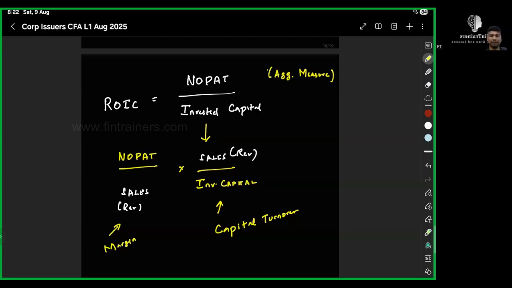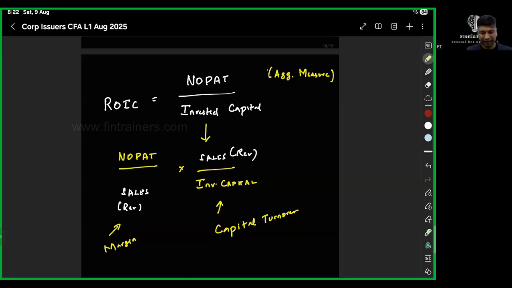Whereas I can be a trader, a car dealer. I buy the car, sell it to the customer. I can rotate the capital very quickly, but the margin I make will be lower because I'm only capturing some portion of the value. Whereas if I capture the entire value, then I will have a higher margin, but I will not be able to rotate it as fast. I will have to block my capital for longer periods.